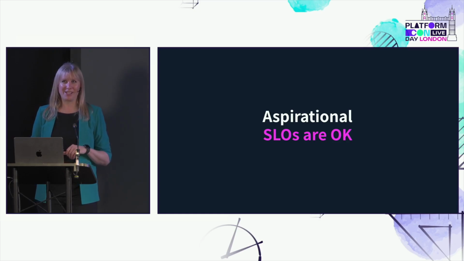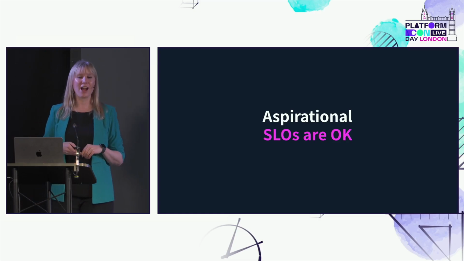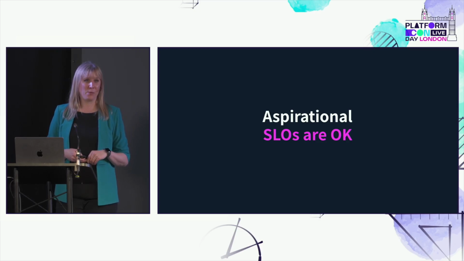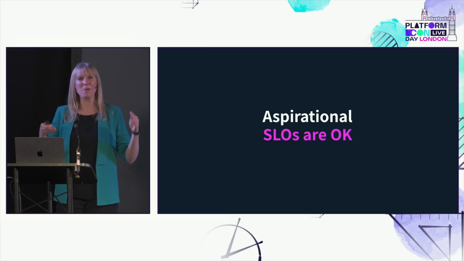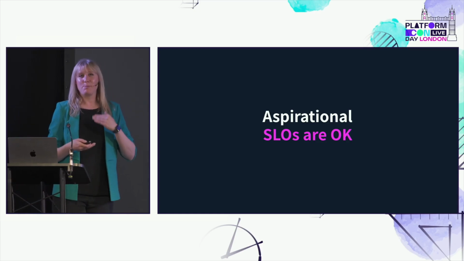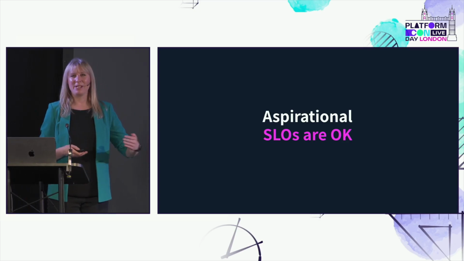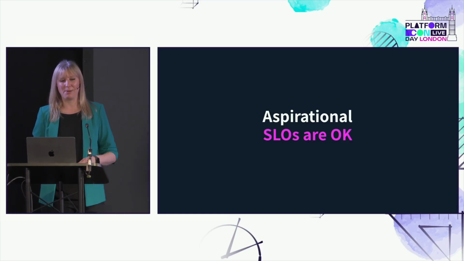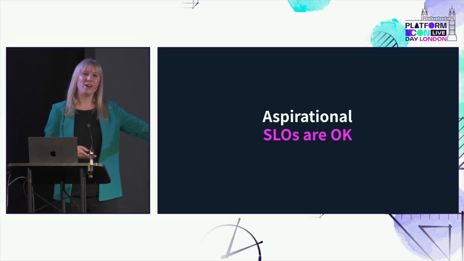You might be surprised by how low your actual experienced reliability is. And that's okay, because you've got to start somewhere. At least you now know where you are. And so this is why I always remind people, it's better to know where the problems are. It's better to start that journey of measuring the experience of your platform now. And then you can set a target of where you want to be.